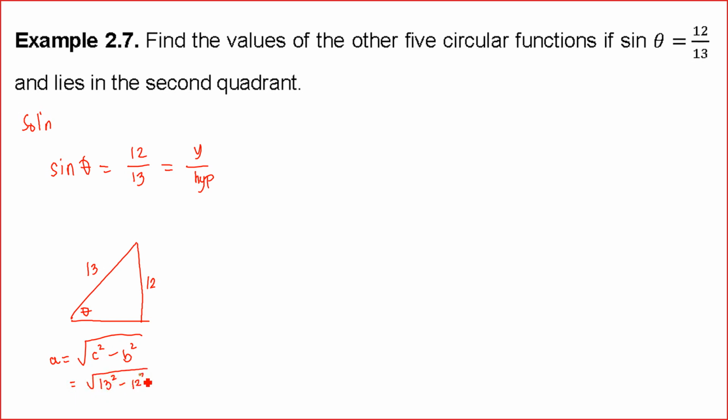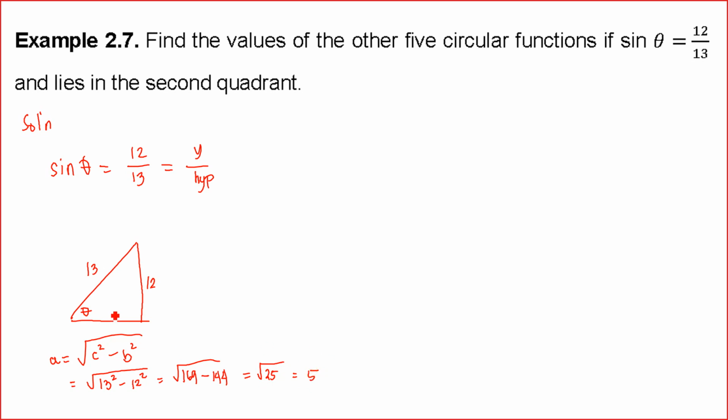So here, 13 squared is equal to 169 minus 12 squared is equal to 144. So 169 minus 144, that's equal to 25. Square root of 25 is 5. So therefore, this is 5.